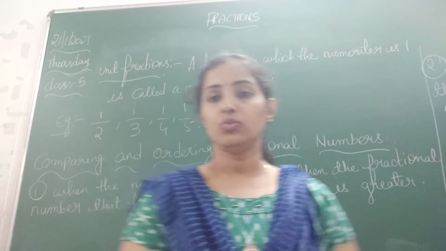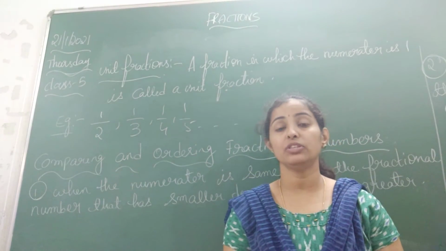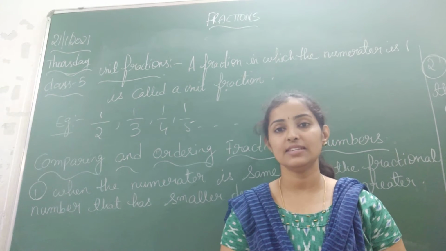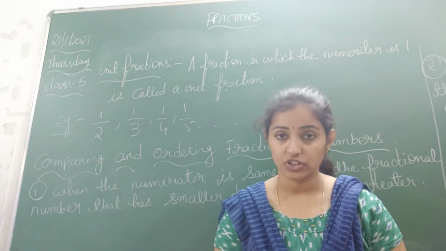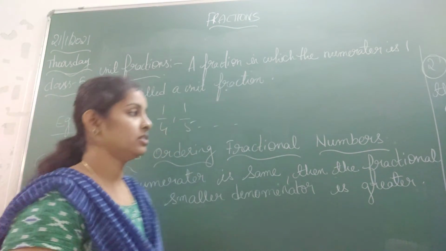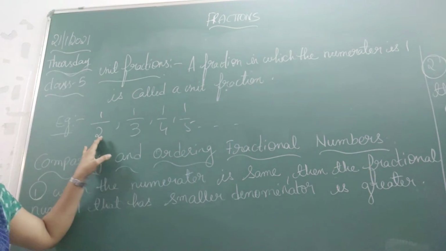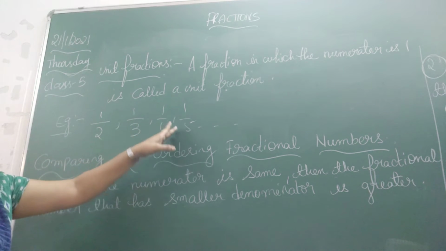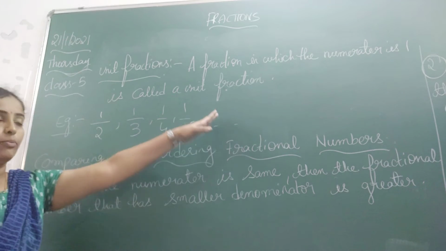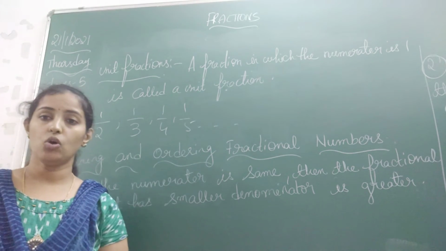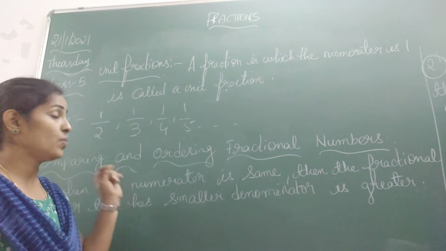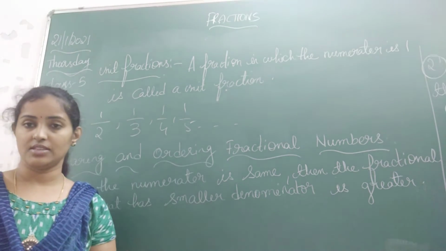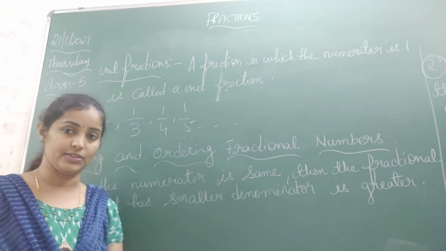Always remember, if the numerator value is 1, then we say that it is a unit fraction, where the denominator can be any number, for example 1 upon 2, 1 upon 3, 1 upon 4, 1 upon 5, 1 upon 6, 1 upon 7, and so on. All these numbers where the numerator is 1 are unit fractions.